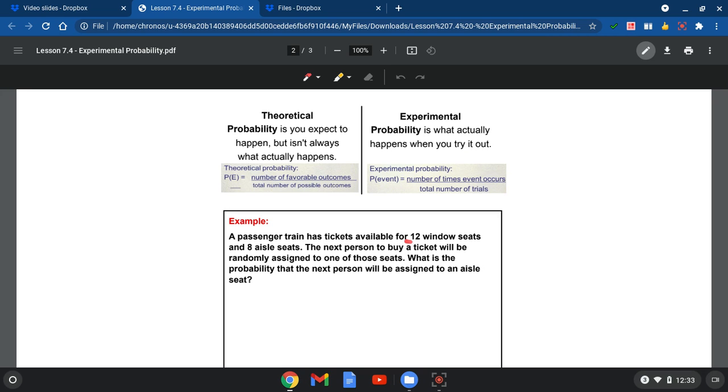So, because these two situations, having a window seat or the aisle seats open, it is an experimental probability. So, if we add both of those types of seats up, we know that there are 20 total seats.